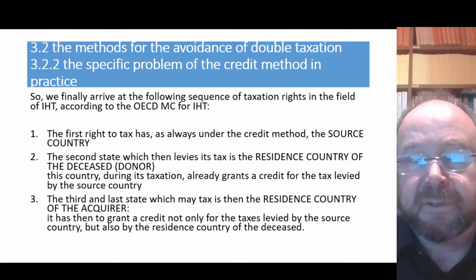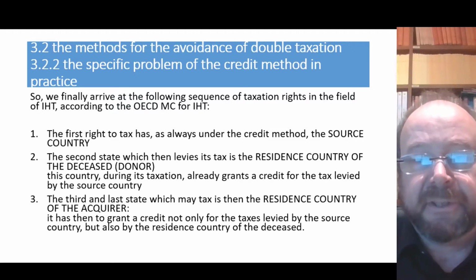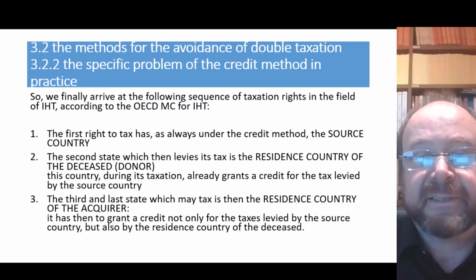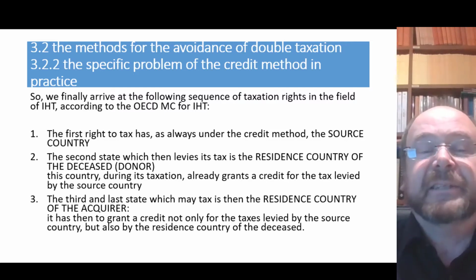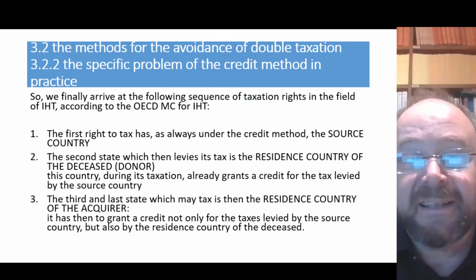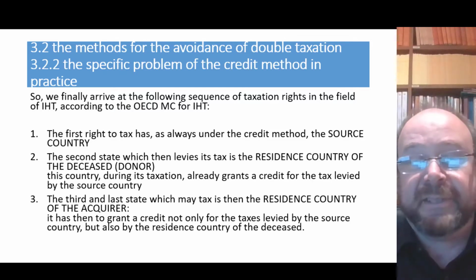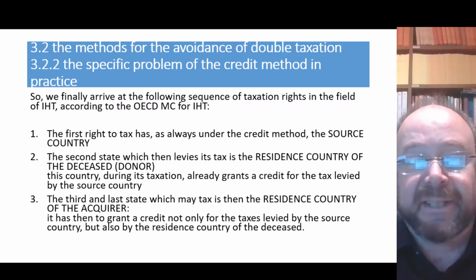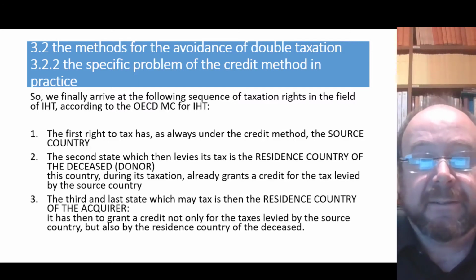Now this confusion is avoided. You have now a clear sequence of events and a clear sequence of taxation rights. Naturally, what happens if the state of the acquirer is the source state? Then they have, as the source state, the first right to tax certain properties. That's clear.